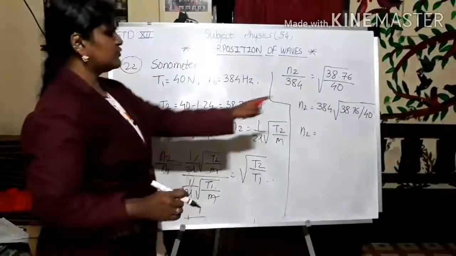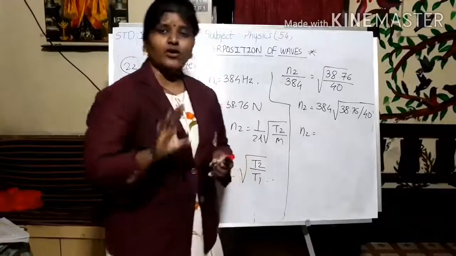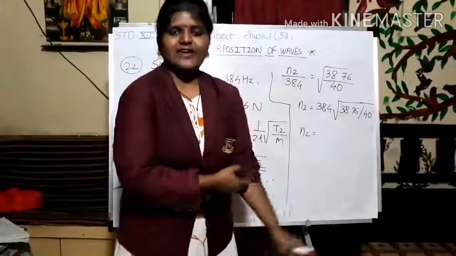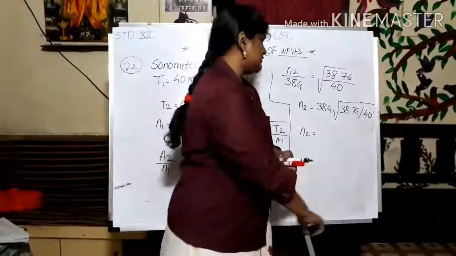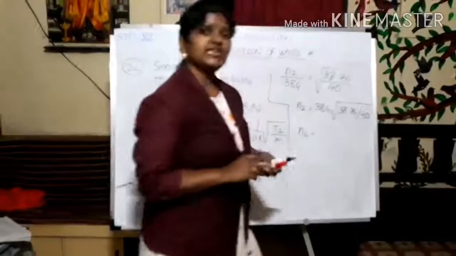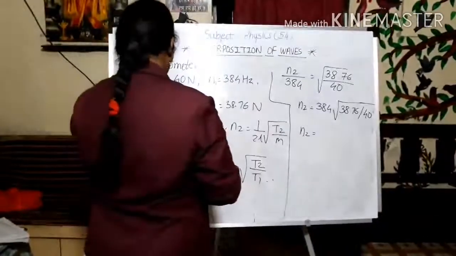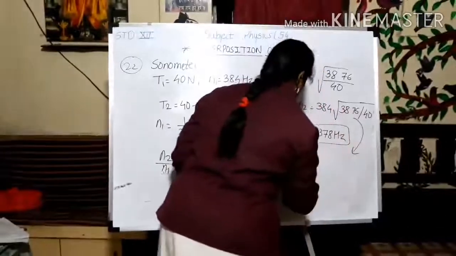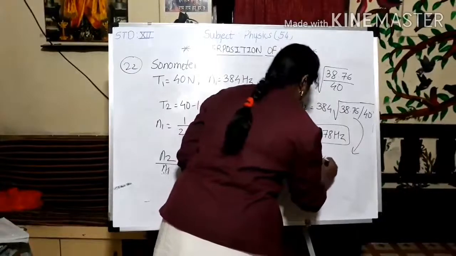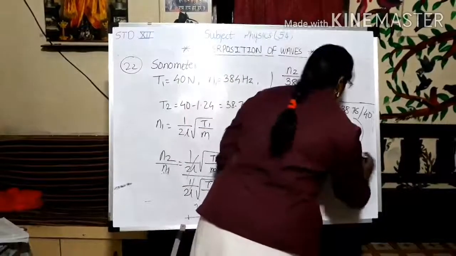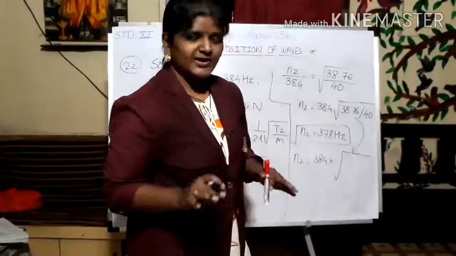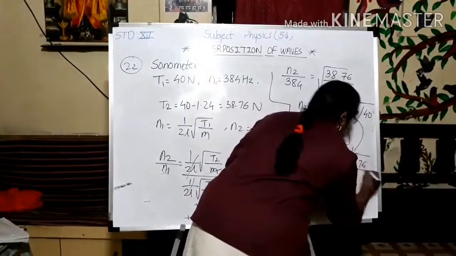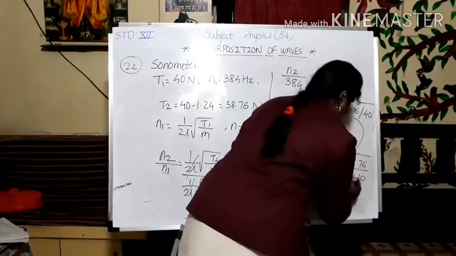You can find the root by taking the log, or directly you can divide this by 40 or by 4 and find the root, and we are going to multiply it by the term N1, which is 384. Let me show you here how I got the value. 384 will be as it is, square root. This is divided by 40, so I can write this as divided by 4. So 38.76 divided by 4 into 10.